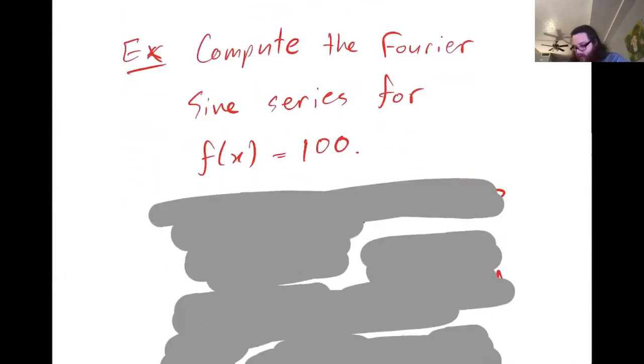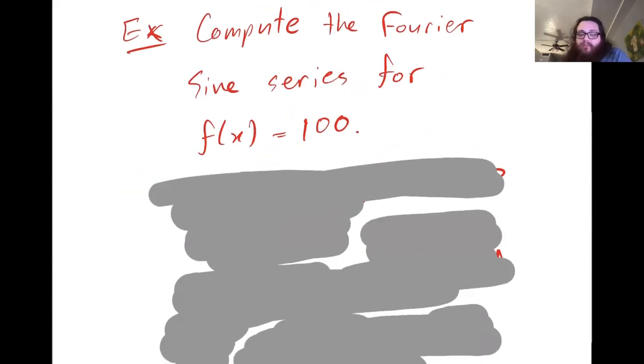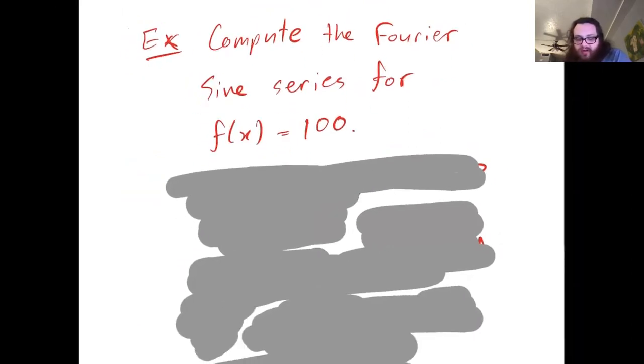So another example, and this kind of language shows up in the book a lot. We say, compute the Fourier sine series for f of x equals 100. In practice, we'd interpret that as, express 100 as a sum of sine functions. Implicitly, though, there's a little more being asked.